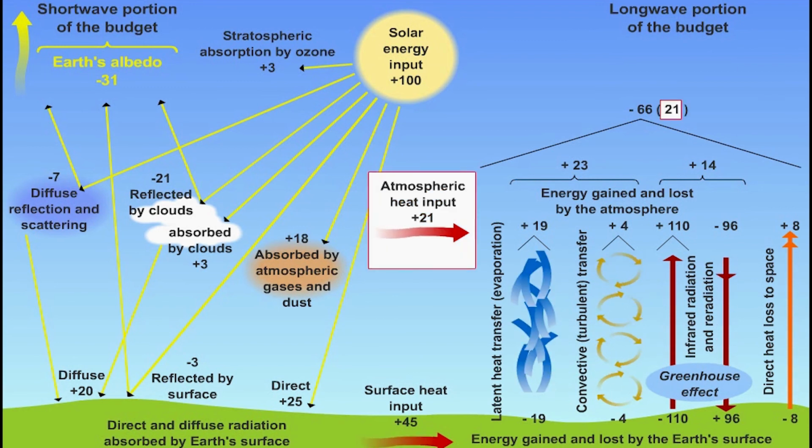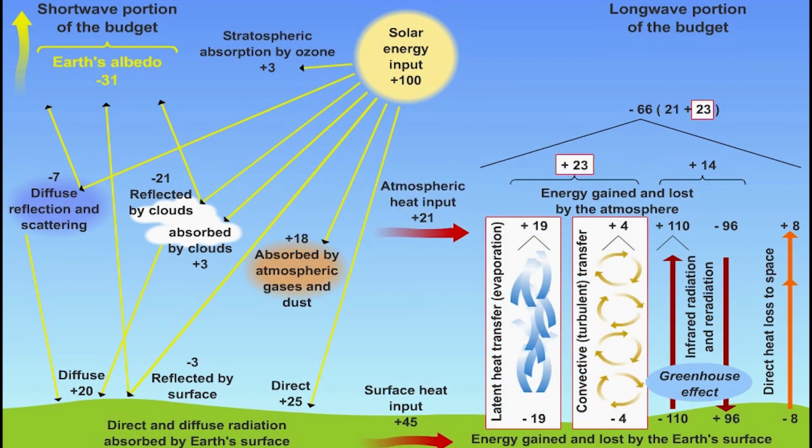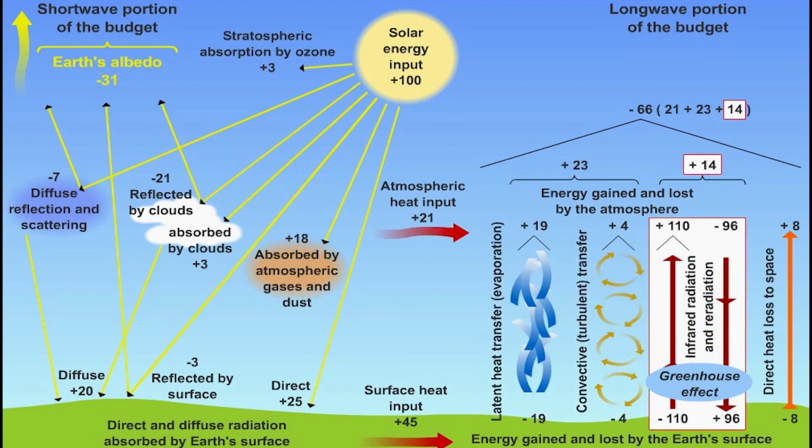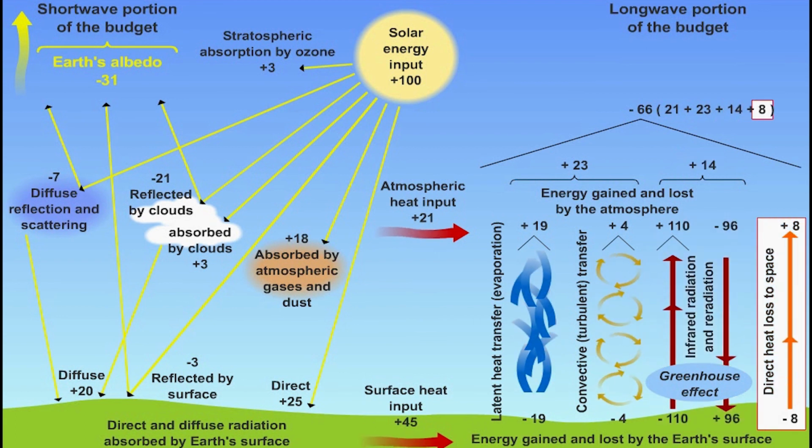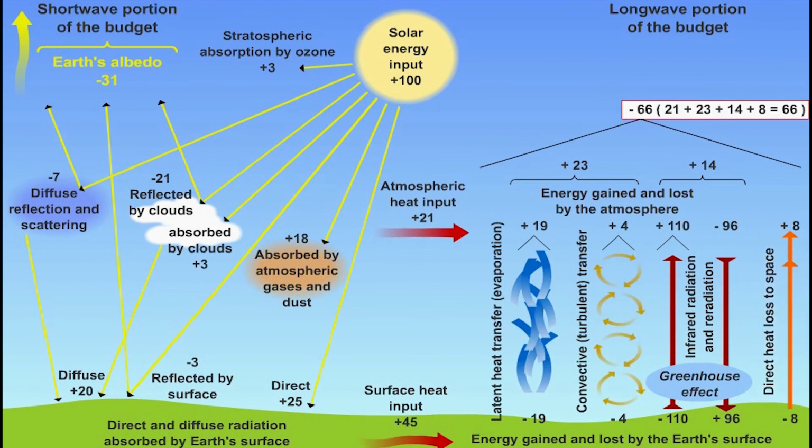And that is made up of 21 units of heat transfer from the atmosphere. There's 23 units from the Earth's surface through evaporation and convection, plus 14 units net effect of the cycling of the energy in the greenhouse effect, and 8 units lost to the atmosphere. Now that's 66 back out to away from the Earth's atmosphere system.